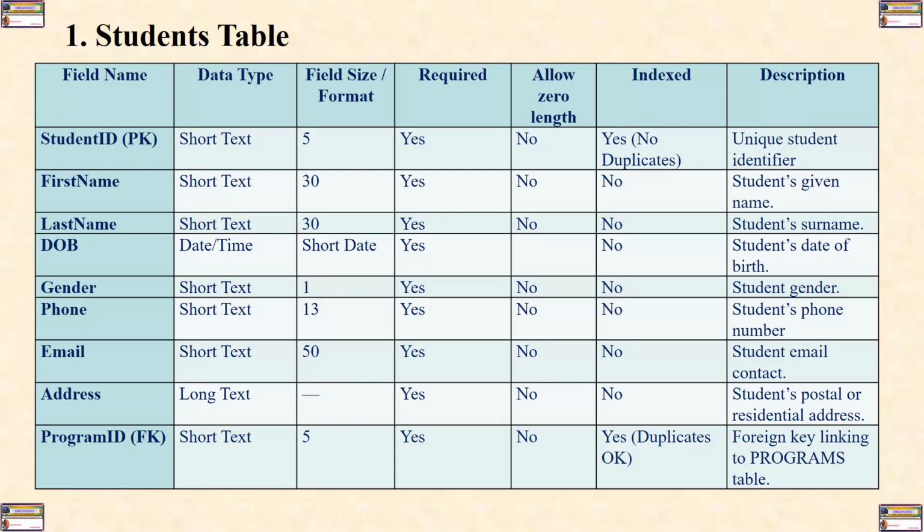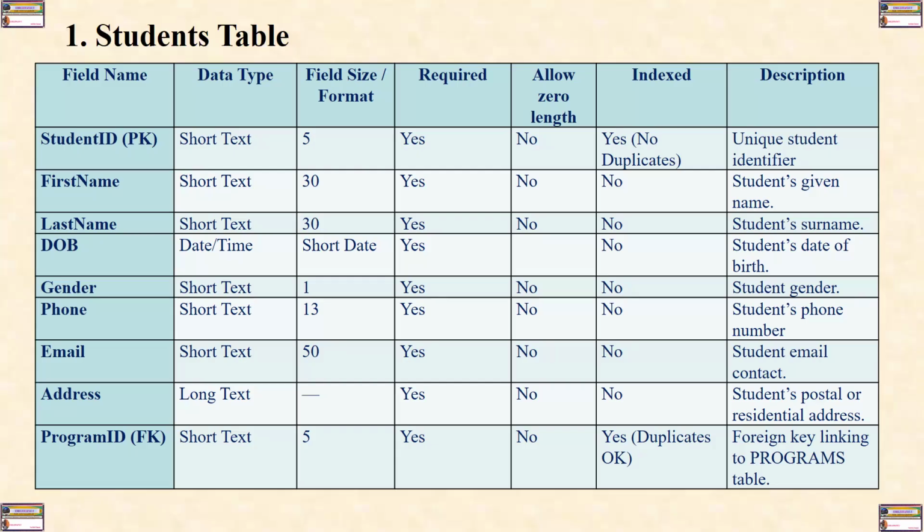Then there's a property which asks whether you want to allow zero length or not, meaning do you want somebody to leave it without having entered anything? Do you want it to be compulsory or not? If you set allow zero length as yes, it means somebody can skip that field without entering anything.